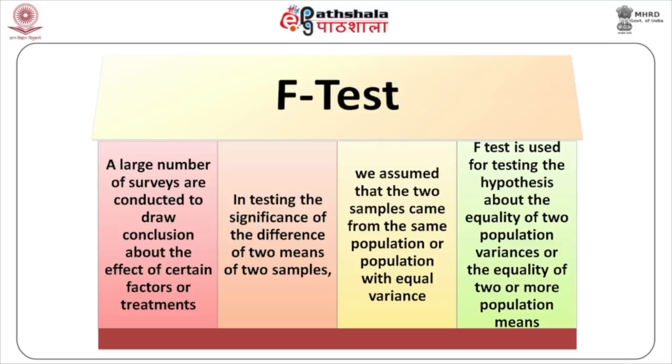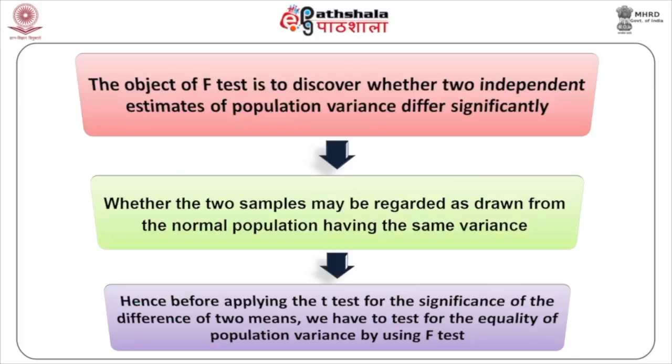F-test is used for testing the hypothesis about the equality of two population variances or the equality of two or more population means. The object of F-test is to discover whether two independent estimates of population variance differ significantly, or whether the two samples may be regarded as drawn from the normal population having the same variance.